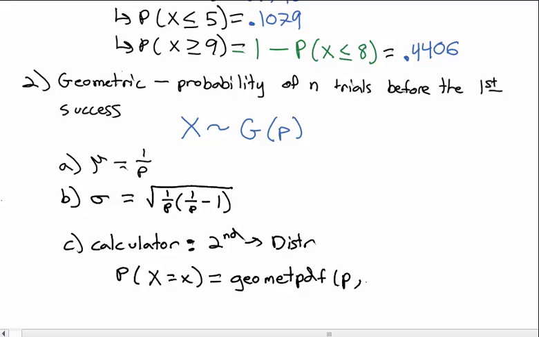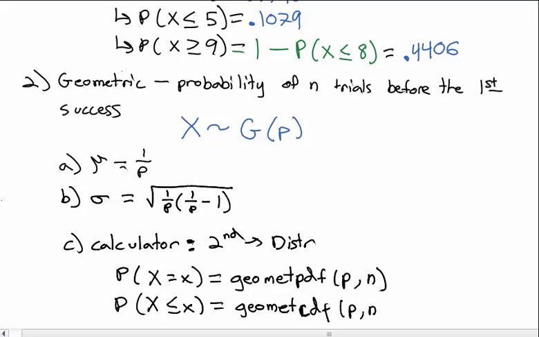We'll do the probability first, then we'll do the number of trials that we're going for. If we want to do a less than or equal to situation, again, that's cumulative all the way up to x. It's going to be geometric CDF again, cumulative distribution function, probability, comma, n.